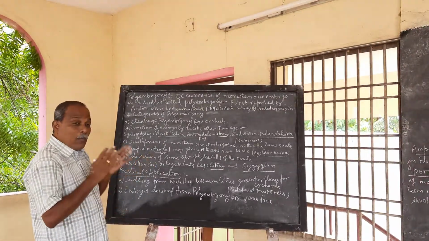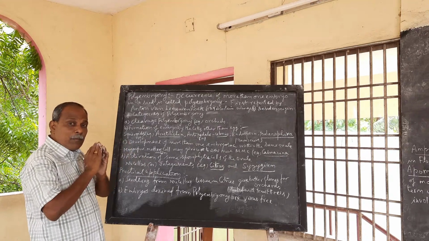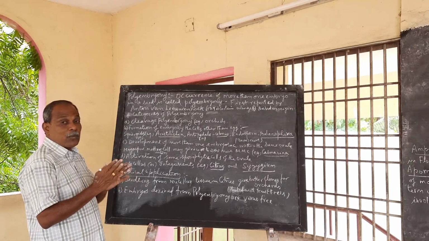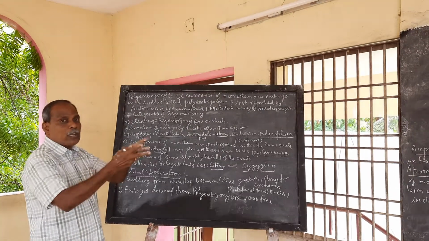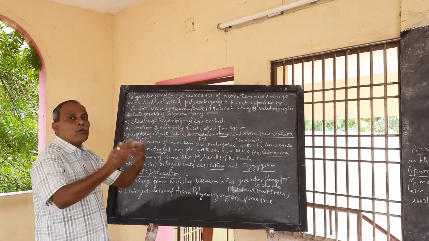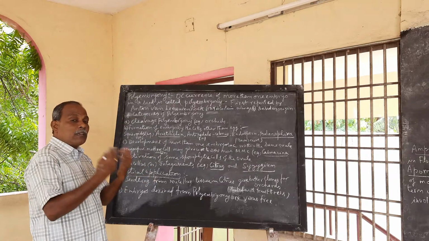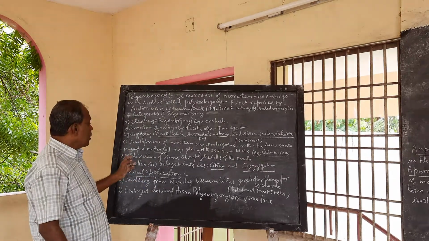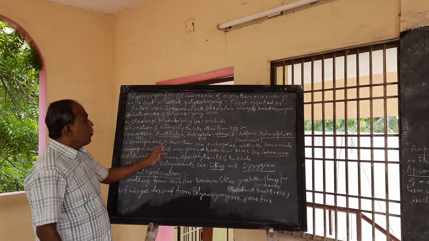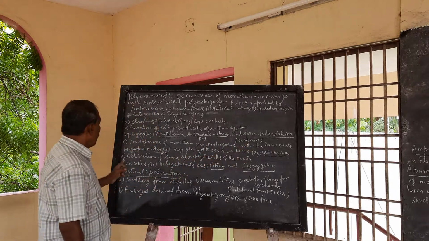Here, the megaspore mother cell itself divides by mitosis to give two or more megaspore mother cells, and all of them develop into embryo sacs. That time you get many embryos. That is called development of more than one embryo sac within the same ovule.